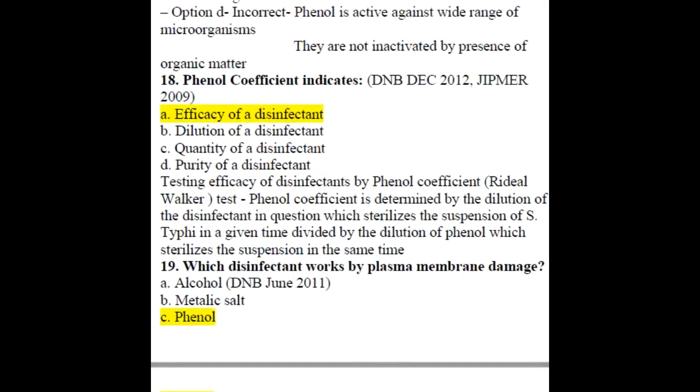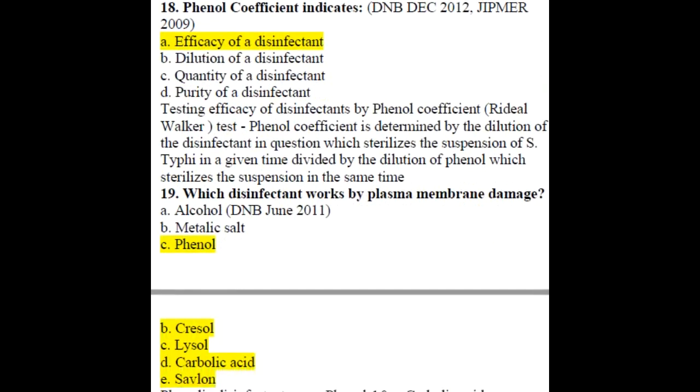Next, phenol coefficient indicates the efficiency of disinfectant. What is phenol coefficient?